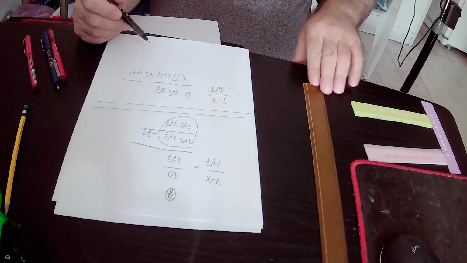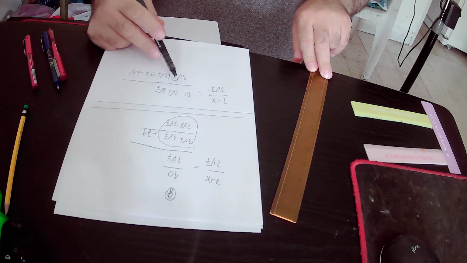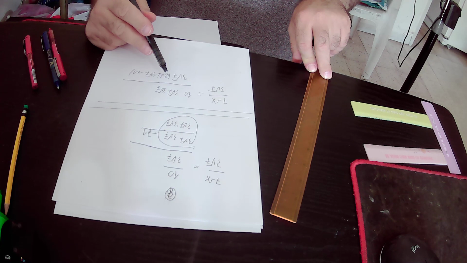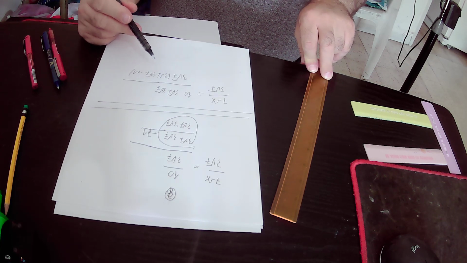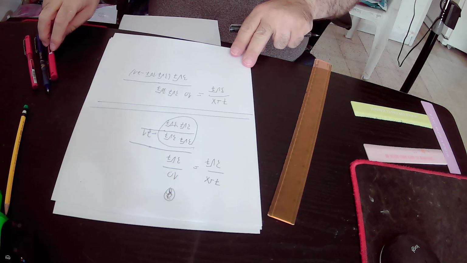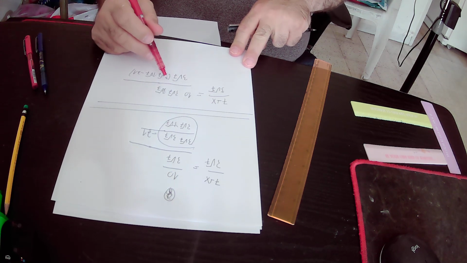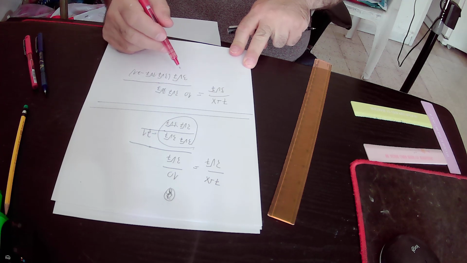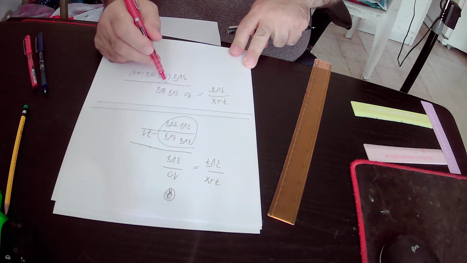So here 10 times 3 is 30. First of all, we have here 3 times root 7 in the numerator and 3 times root 7 in the denominator, so 3 times root 7 will get cancelled.